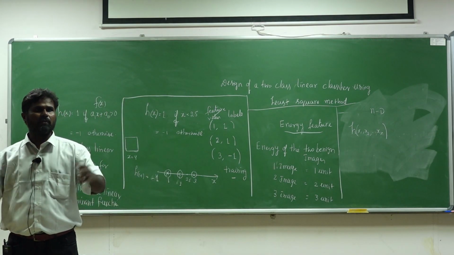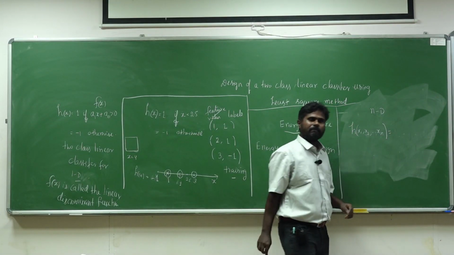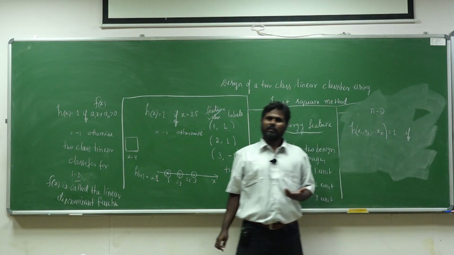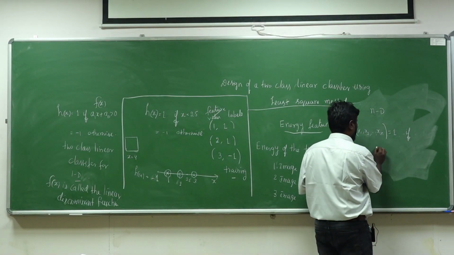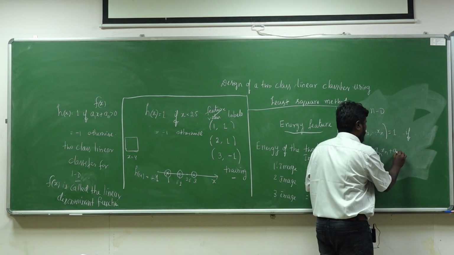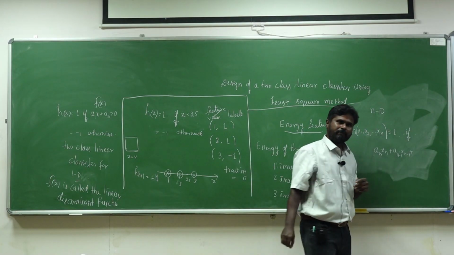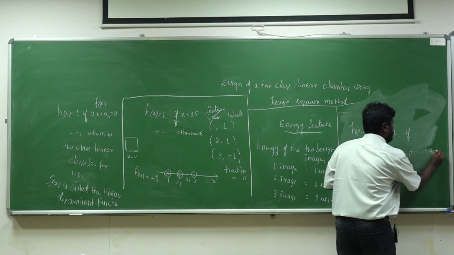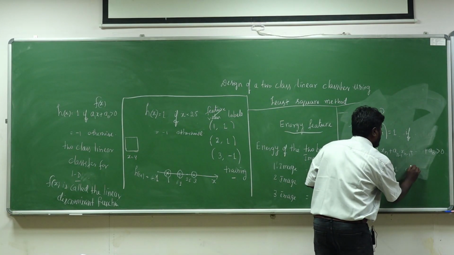The classifier is equivalent to 1 if, in the general case, an xn plus an minus 1 xn minus 1 plus and so on, plus a naught is greater than 0, and this is equivalent to minus 1 otherwise.